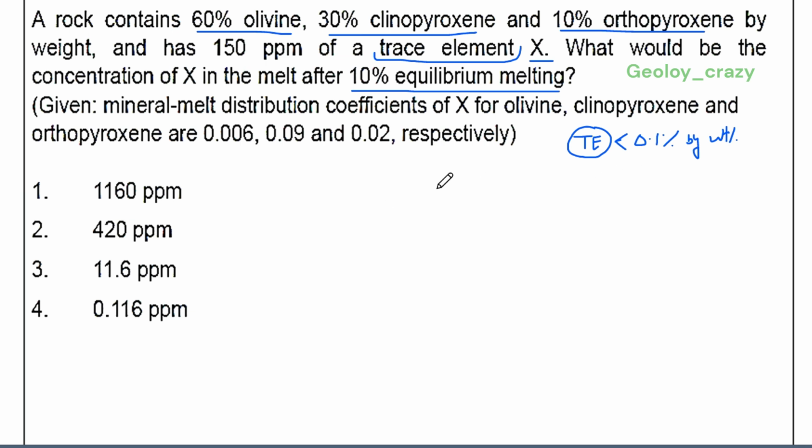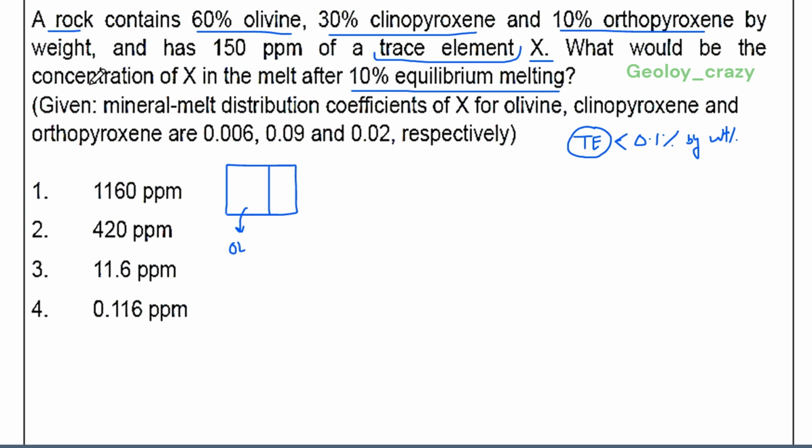Now we have a rock. Suppose this is our rock, in which we have olivine, 60% by weight. Not by volume, by weight only I'm talking.